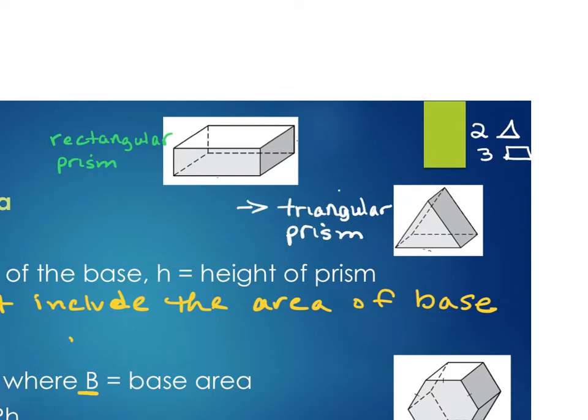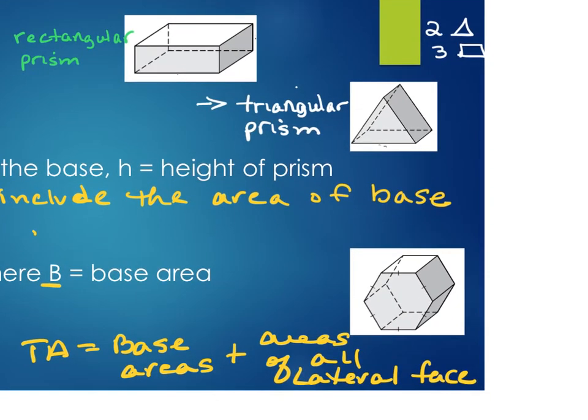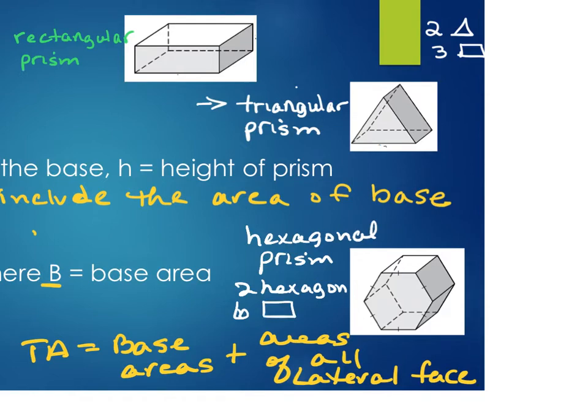Again, back from section 11.5, remember to name a prism, the shape of the base gives the name of the type of prism you have. And then this last picture here, again, the figure that we have 2 of, we have 2 hexagons. So this would be a hexagonal prism. We have 2 hexagons, which are our base shapes, and then we have 6 rectangles or parallelograms.